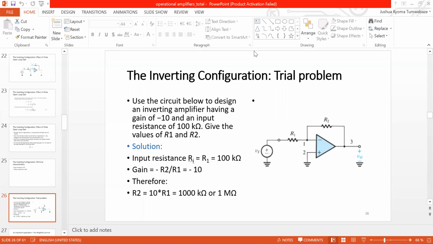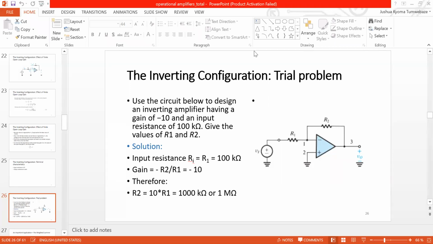You're talking about input impedance, but he's asking about the output. Anybody else? Yes, go ahead.